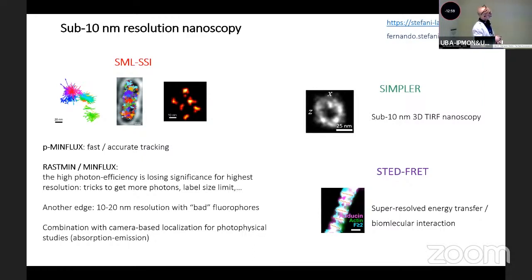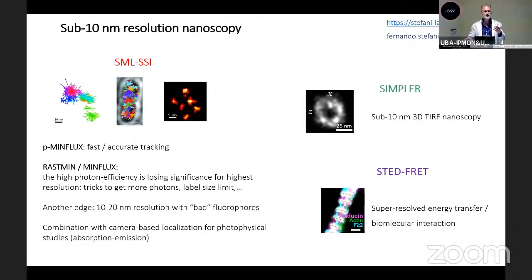And then Rassmann and MINFLUX for imaging, as I said, I think the high photon efficiency of these methods is losing significance because other ways to deliver a lot of photons became very successful. It's like you have a lot of money, you don't care about spending, right? But it may be interesting to apply super resolution with bad fluorophores.